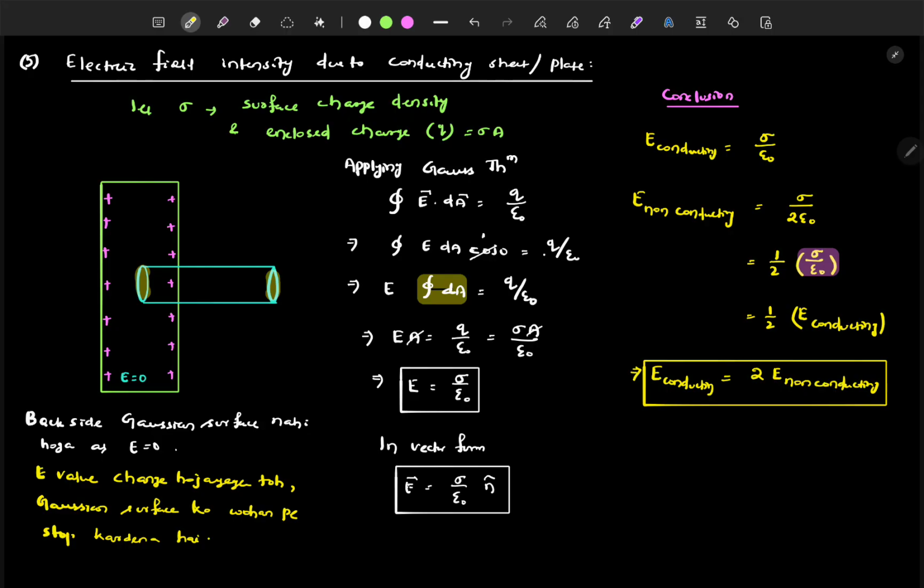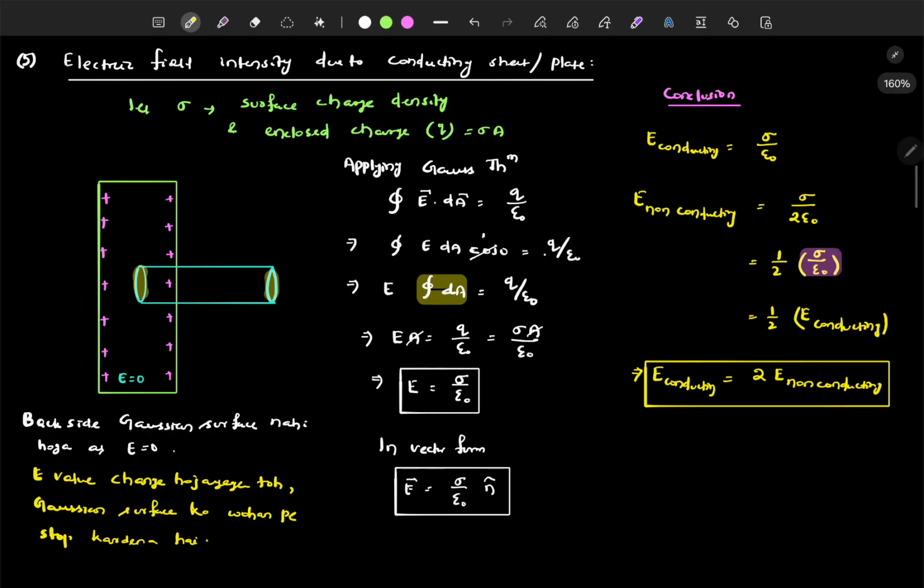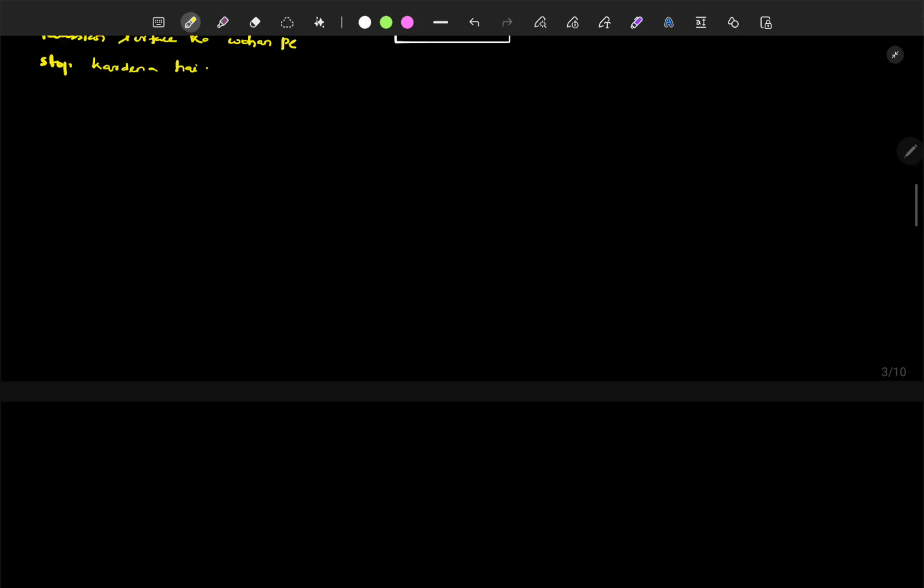So let's solve one numerical after this application number 5. I hope up to the 5th application it is clear to all of you. So the question is, find E at A, E at B and E at C from the following figure.